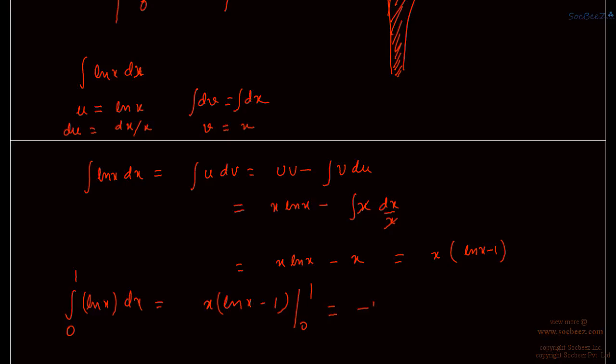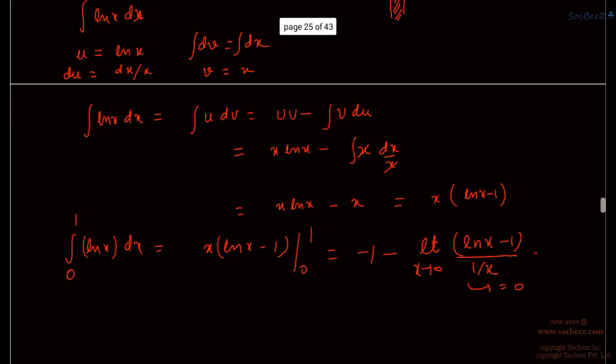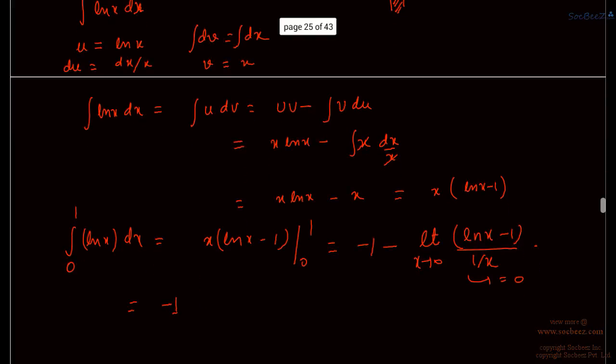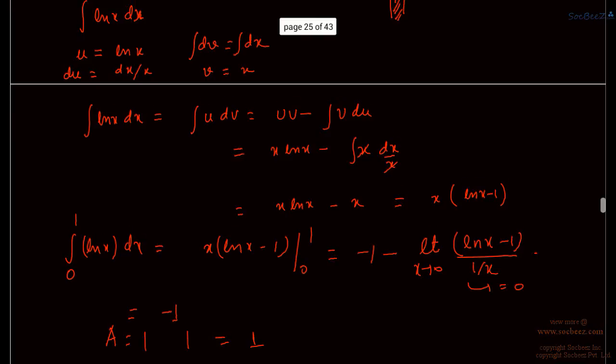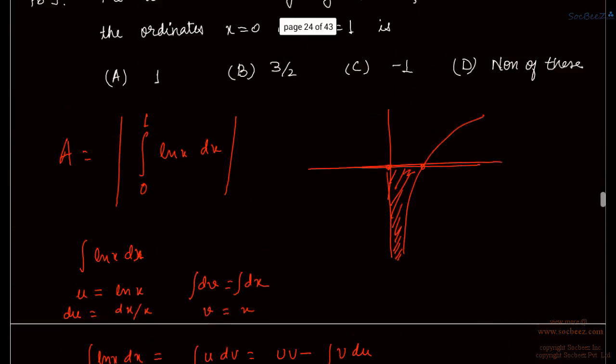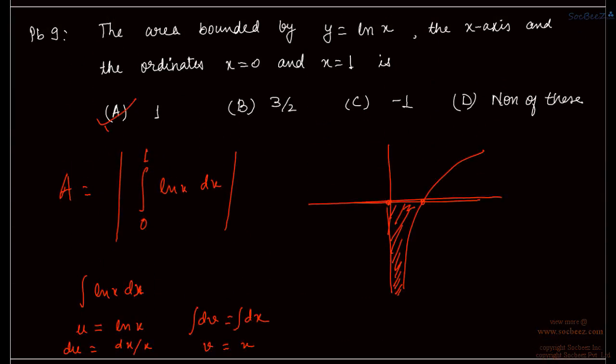So we have minus 1, minus the limit x tends to 0 of ln x minus 1 upon 1 upon x, which is equal to 0 if you see the limiting value. So this integration is equal to minus 1 and the area is the absolute value of that integration, which is equal to plus 1. So we have option A as the correct one.